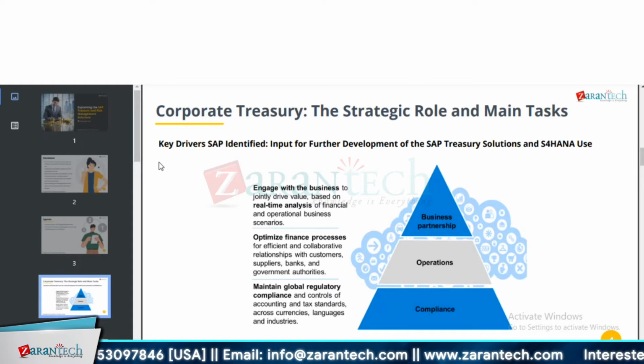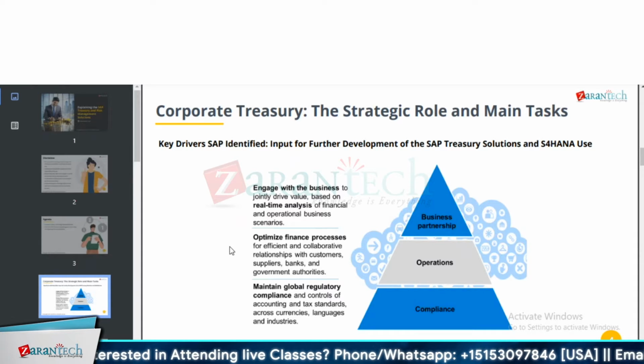As we know, there are certain key drivers identified in treasury for the treasury implementation. We can see there is business partnership, operations, and compliance, which is basically where we engage with the business to get their requirements and have a real-time analysis of their financial and operational business scenarios, so that we can find out what their finance processes are, how we can make them more efficient, and how they can use financial tools to improve their liquidity.